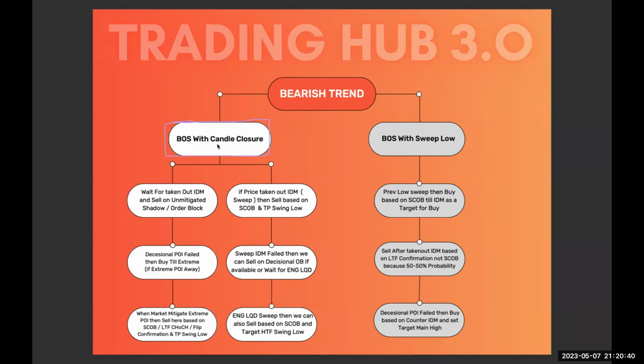If candle closure, then you have to wait, in two scenarios. First one, taken out the inducement with the candle closure, mitigate your order block, and second one is a sweep of your inducement, right? So here, taken out the inducement and sell an unmitigated order block, shadow, everything, right? Then you can sell based on chalk and flip, all entry modules also.